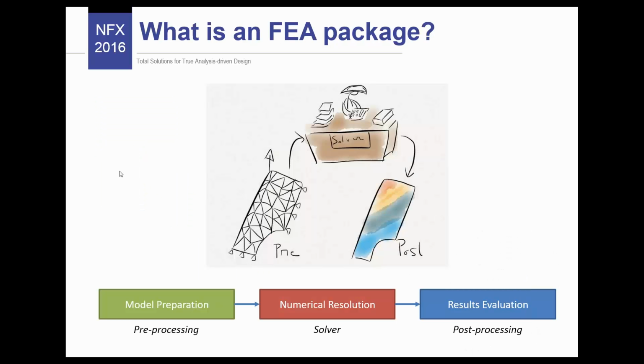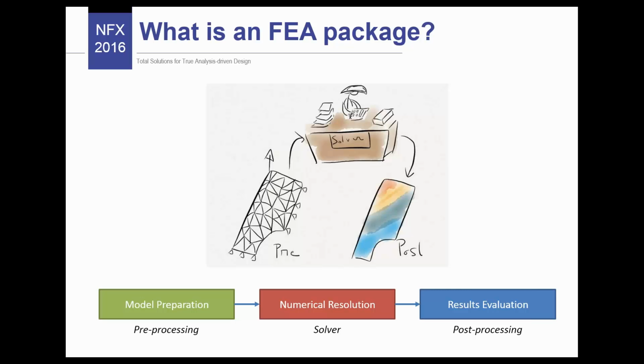Now, the first important thing is to understand that almost every FEA software is constructed in 3 parts. And this is the most important thing that you have to know first when you are searching for a software, because every feature that you will see will correspond to one of these 3 parts.